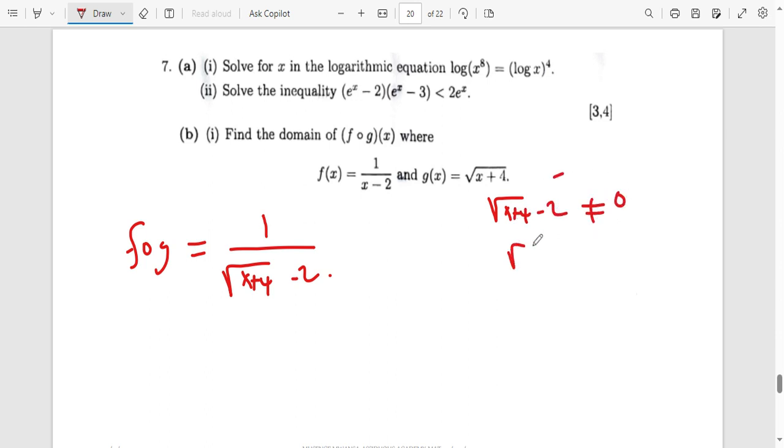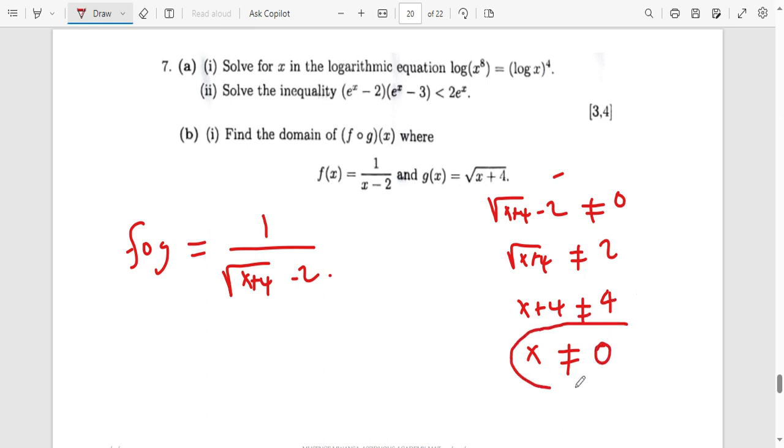Take to the other side, square root of x plus 4 cannot be equal to 2. Square both sides, meaning that x plus 4 cannot be equal to 4. Take 4 to the other side, meaning that x cannot be equal to 4 minus 4, 0. So x can't be equal to 0.